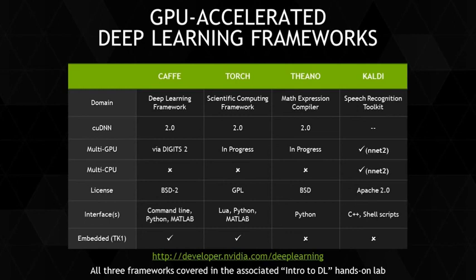In particular, Caffe, which comes from Berkeley University, is a C++-based framework that provides a command line interface, as well as Python and MATLAB. Torch came from NYU, and is now heavily in use in companies like Facebook and Google, but has a large open source contributor base.